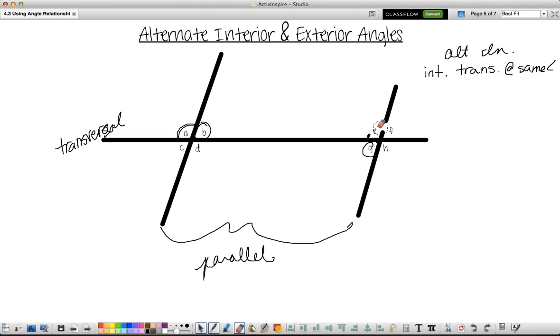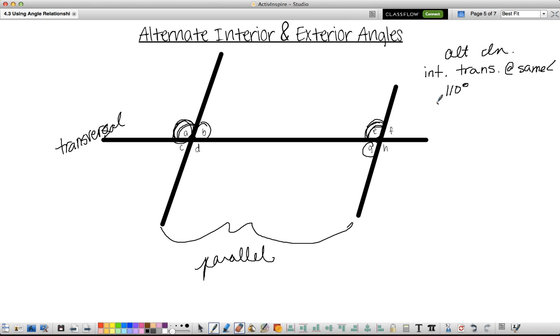So with all that we know about these lines and about the transversal, we know that alternate interior angles are also congruent. Here, again, this is the exterior angle, A, and the matching exterior angle for this line would be E. Let's say angle A is 110 degrees.